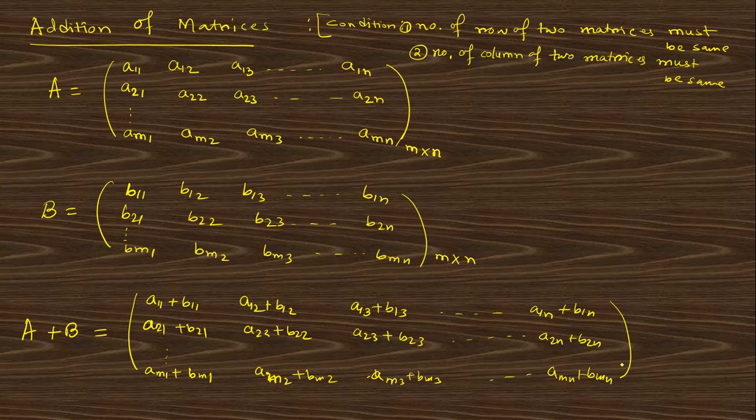Just add the elements at the same position, and the order of the resulting matrix will be the same as that of the individual matrices.